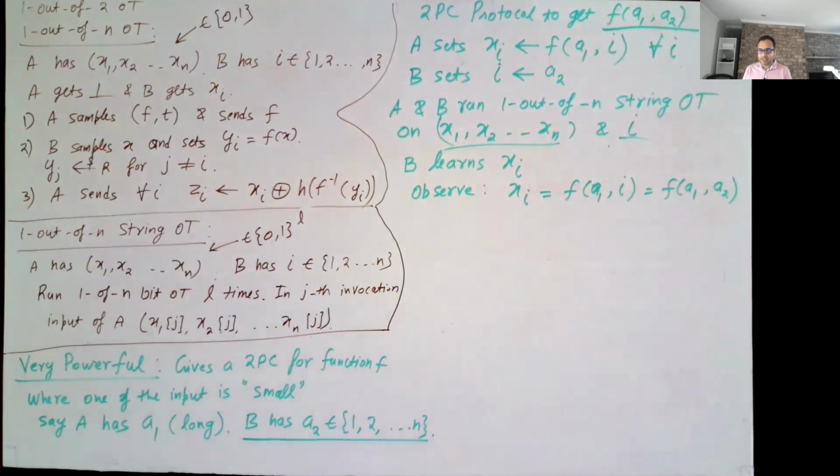I don't know your exact input, but I know that the output is from this list of n. So I just prepare this list of all n possible outputs, and then you download the correct one using oblivious transfer. And I, as the sender, have no idea which output you downloaded.